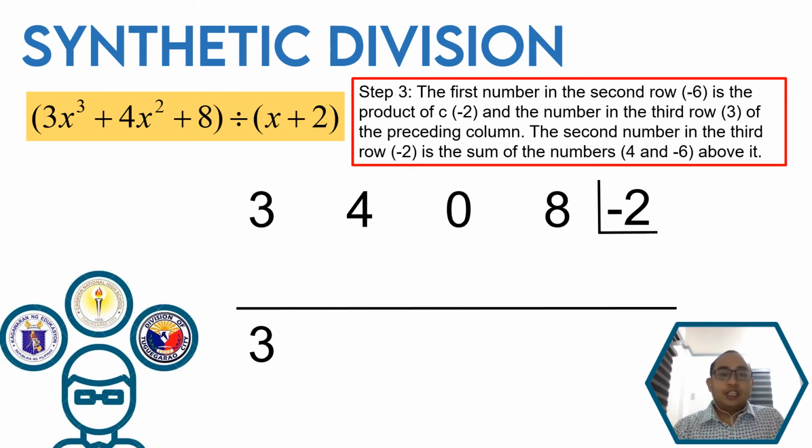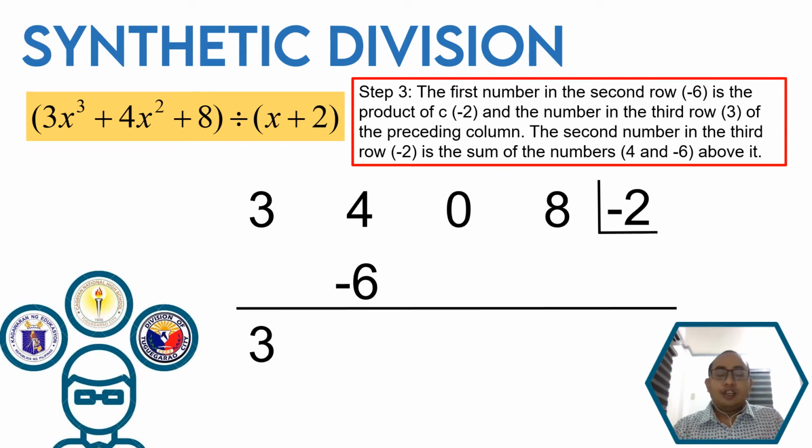So step number 3, we are now going to write the first number in the second row. That is negative 6. Now, where did we get negative 6? That is the product of c, which is negative 2, and the number in the third row, which is 3, the one that we brought down. So 3 times negative 2 will give me negative 6.